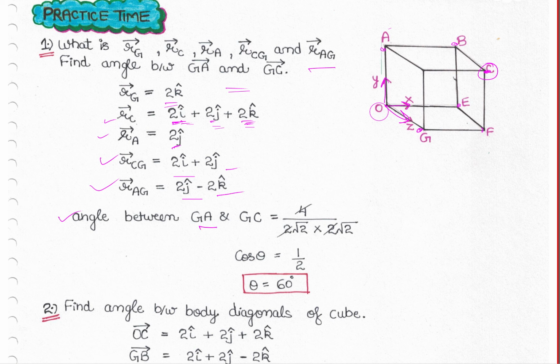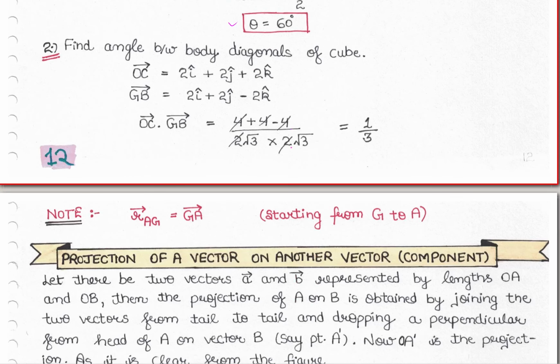Angle between GA and GC is equal to 4 by 2 square root of 2 into 2 into square root of 2. So cos theta is equal to half and theta is equal to 60 degree. Now find the angle between body diagonals of the cube.